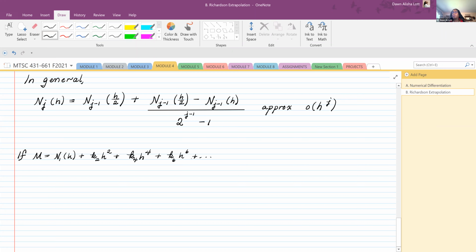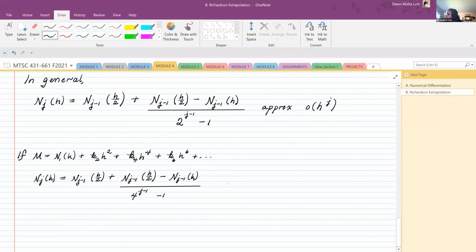So if you know that it's skipping by powers of 2, then you can use the other formula that is Nj of H is equal to Nj minus 1 of H over 2 plus [Nj minus 1 of H over 2 minus Nj minus 1 of H], divided by 4 to the j minus 1 minus 1.